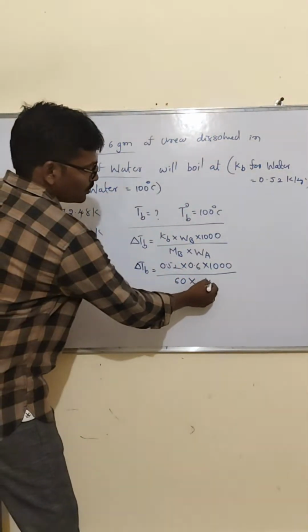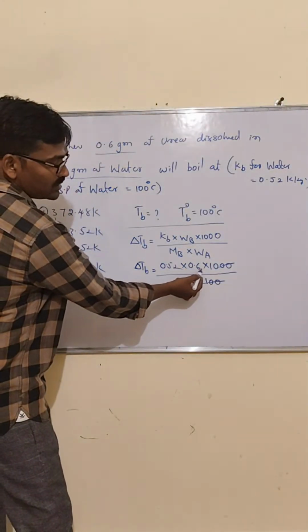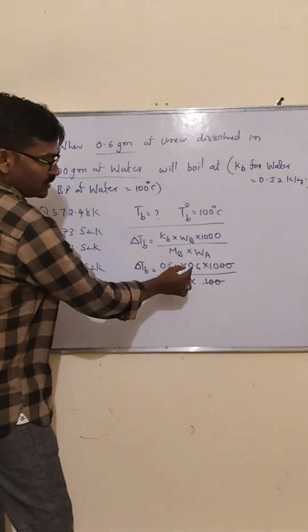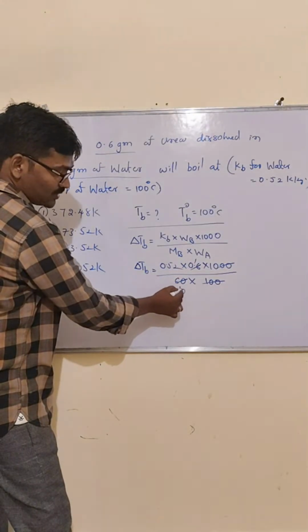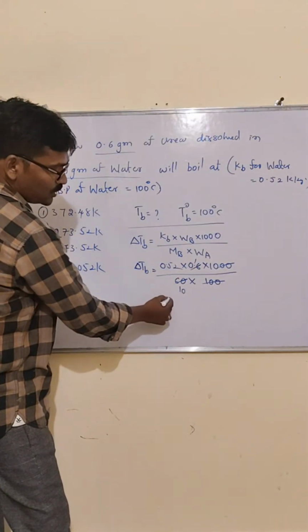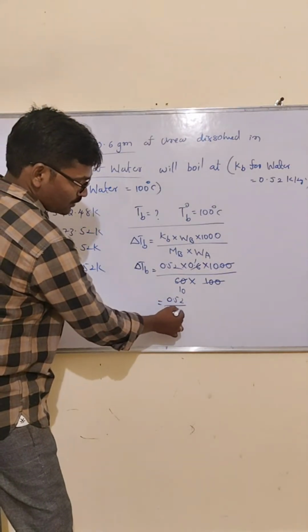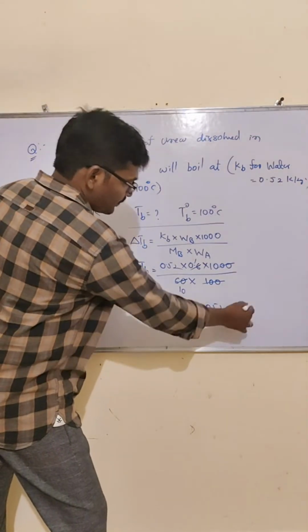The 2 zeros cancel. 0.6 divided by 60 is 1 by 100, so 0.52 divided by 10 equals 0.052.